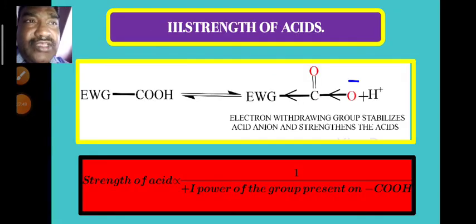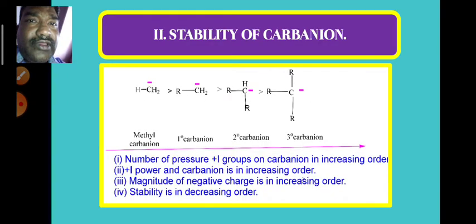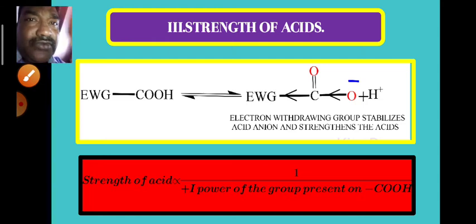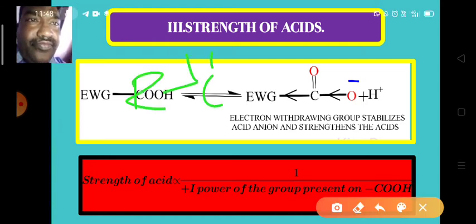Now we go for the strength of the acids. Here organic acids' general formula is RCOOH.